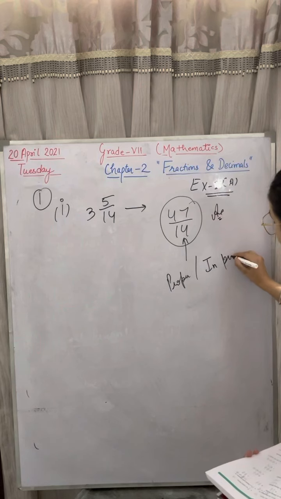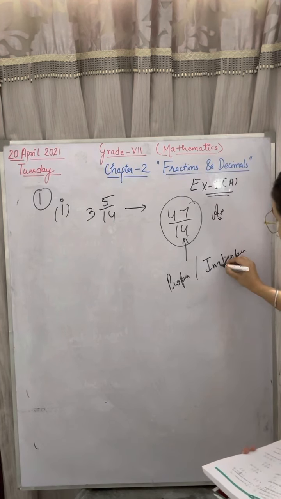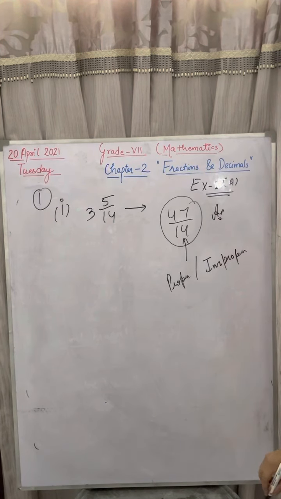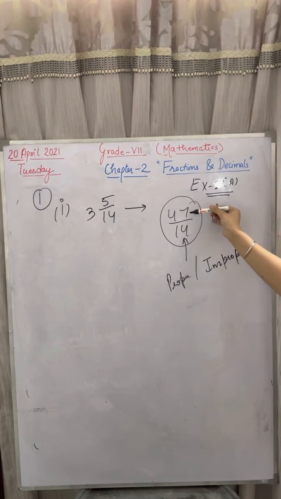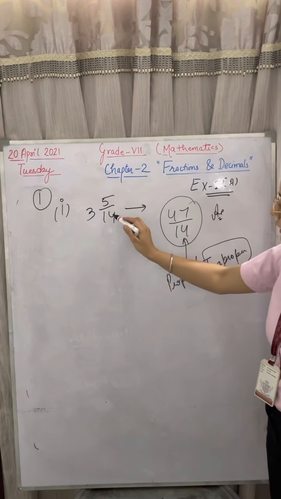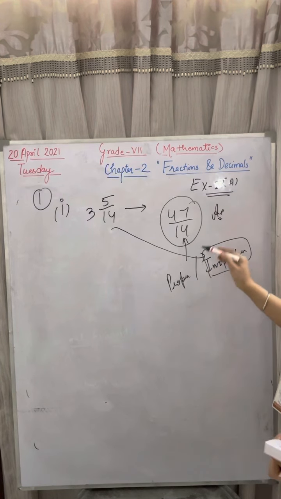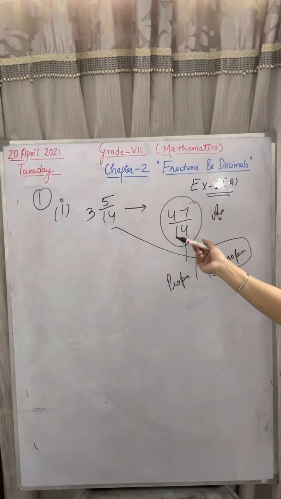Rachel, it is improper. Improper is when the denominator is smaller and the numerator is bigger. This is an improper fraction. That's why they say convert this mixed fraction into the improper fraction, and here we have converted.